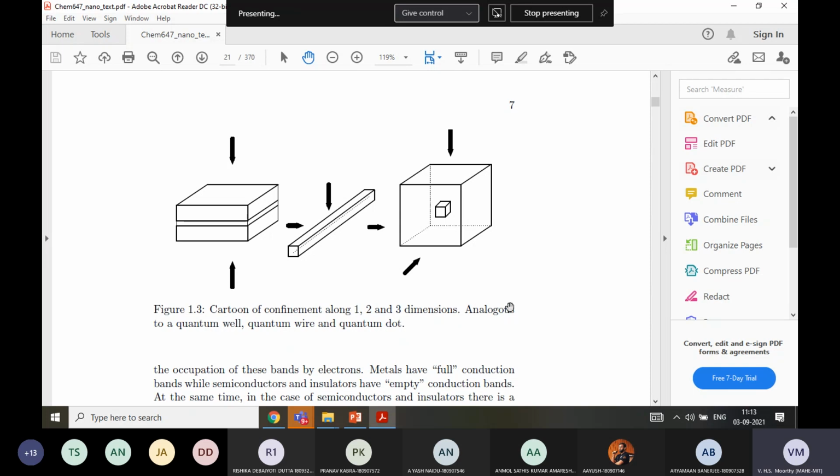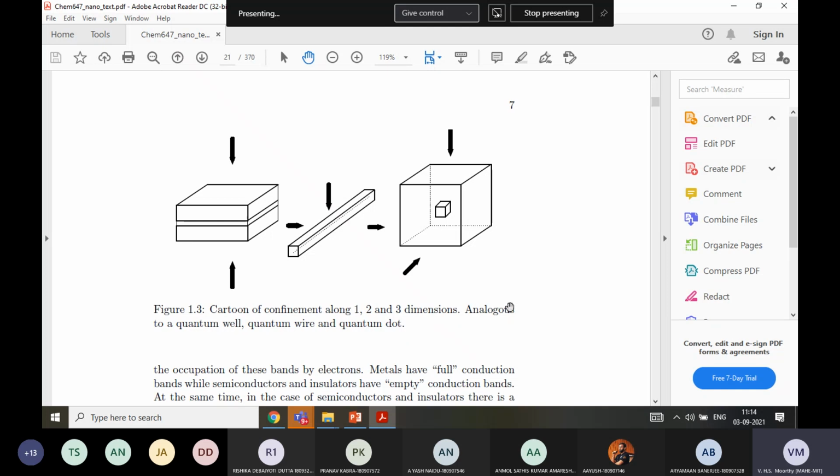Once we talk about electrons, we have to talk about what is called momentum space. Positional momentum space: X, Px, Y, Py, Z, Pz. It is called momentum space, not the Cartesian X, Y, Z directions.